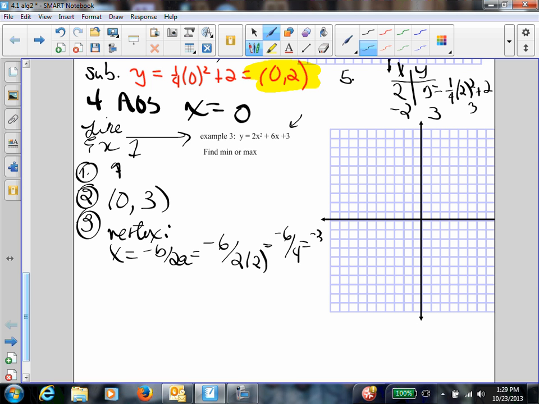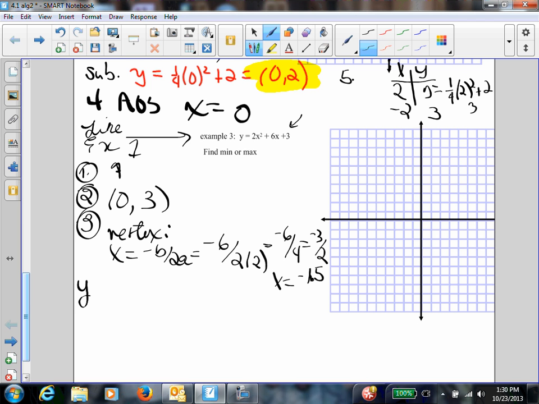negative 3 halves. All right, you're going to have fractions and you're going to have decimals, and you have to start getting comfortable with that this year. Well, negative 3 halves is what kind of decimal? If you don't like that, write it as x equals negative 1.5. I have to find my y, and we know that we substitute.